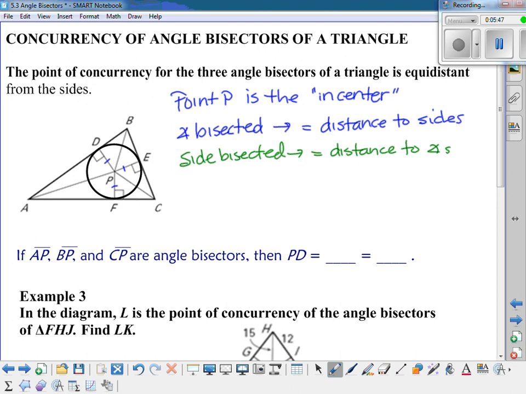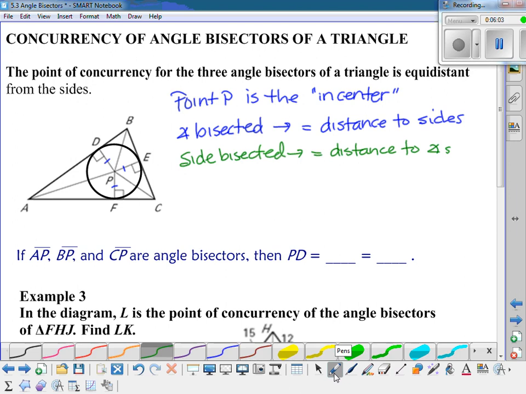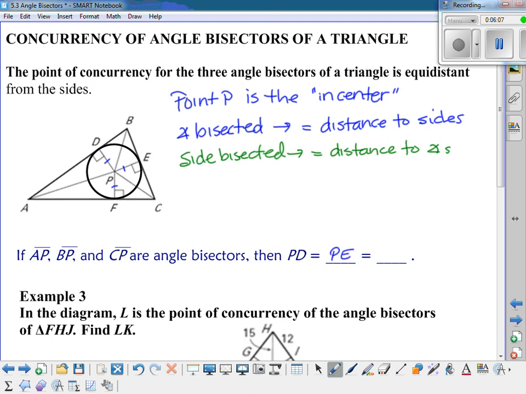So if we bisect the angle, it's equidistant to the sides. If we bisect the side, it's equidistant to the angles. So if AP, BP, and CP are angle bisectors, then I know that PD equals PE and equals PF.